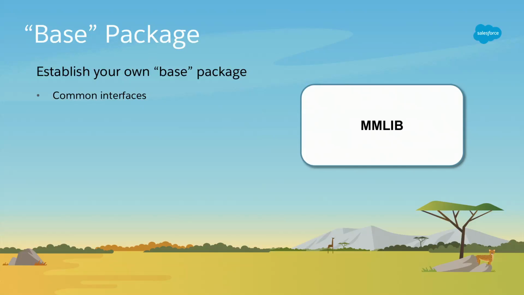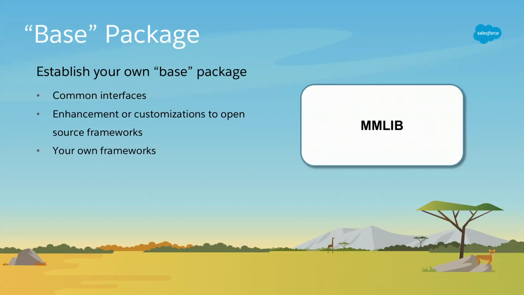It had all of our common interfaces, and all of our enhancements and customizations to open source frameworks. So we have some modifications and enhancements on the Apex Commons and Apex Mocks frameworks, and this is how we did it. We had other frameworks that we had built. But we knew going forward this was going to be our foundation package, and everything that we built from here forward was going to depend on this.